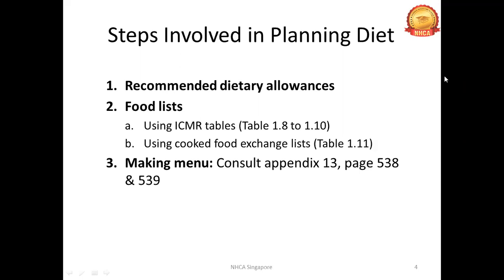So the menu plan which you see here, you can go through it. Breakfast, lunch, tea, dinner. You can change it accordingly based on your requirements, based on the client's requirements, based on the food exchange list, based on the calorie requirements.